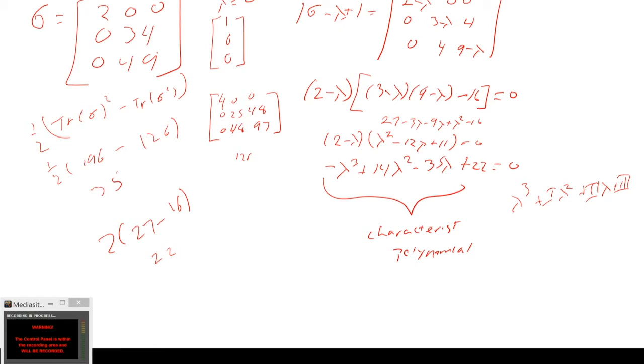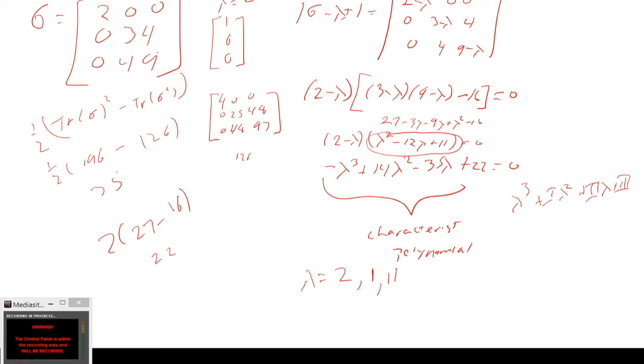But if we go back up here, 2 is already factored out. So we know that lambda equals 2 is one eigenvalue, and the other eigenvalues are 1 and 11. The zeros of this polynomial here, by inspection, you can factor that as lambda equals 1 and lambda equals 11.